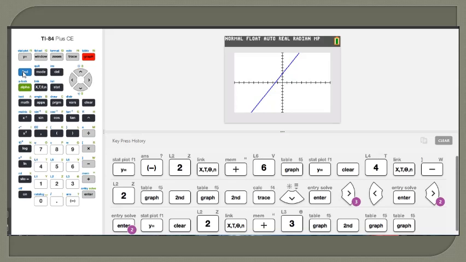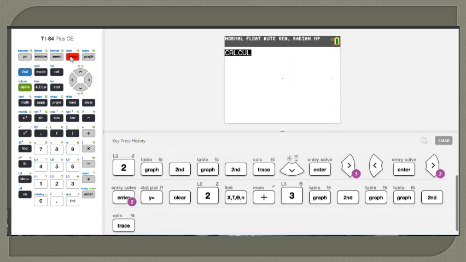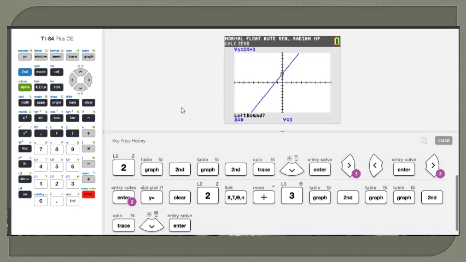So let's go. I'm going to hit second, trace. I want to find out, arrow down here, move the cursor down to 0. I want to see what the 0 is. Hit enter. There it brings me the blinking thing. And so I'm going to move it to just to the left, just below, about on the x-axis right there.